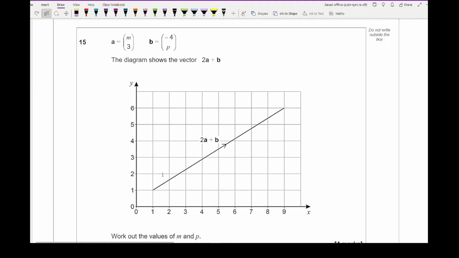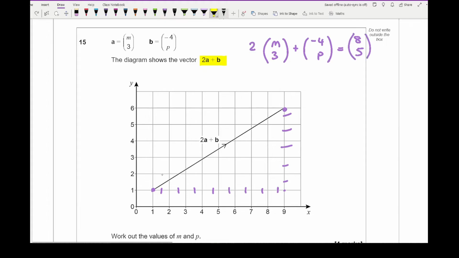So if I just have all that information on our screen, if I use the resultant vector, we've got 2a, so that's going to be 2 lots of m, 3, plus b, which is minus 4, p, and that all gives me the answer of how to get from here to here. So going across, we've got 1, 2, 3, 4, 5, 6, 7, 8. And going up, we've got 1, 2, 3, 4, 5.